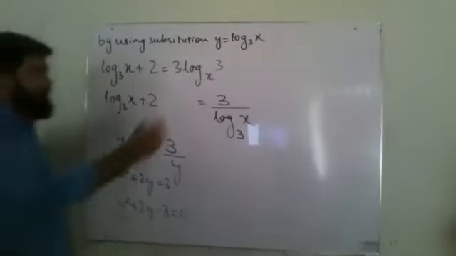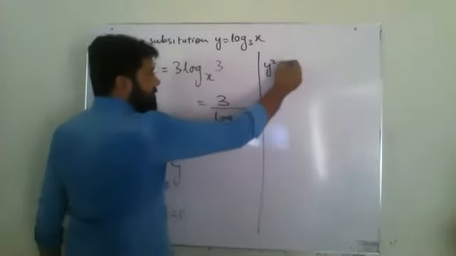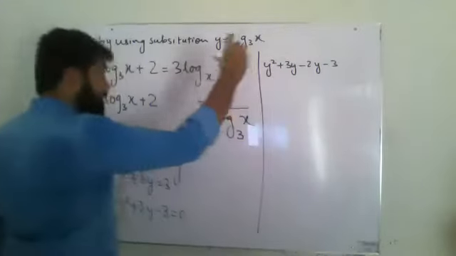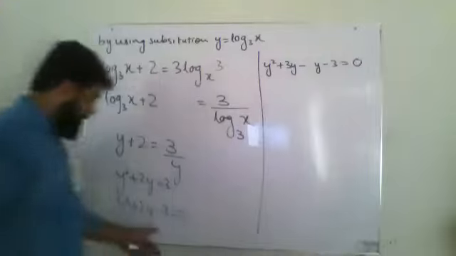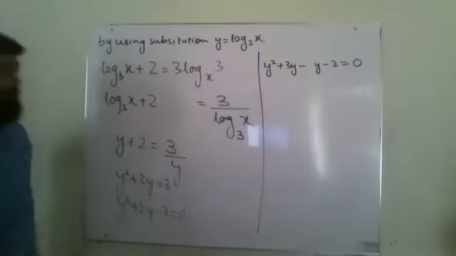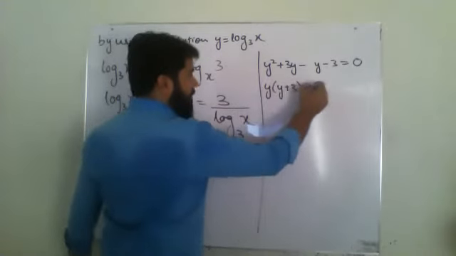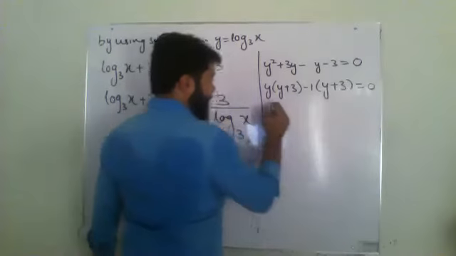After this, I am doing middle term breaking. Y square plus 3y minus 2y minus 3 equals to 0. I have done middle term breaking of that one. Y plus 3 minus 1, y plus 3 equals to 0.